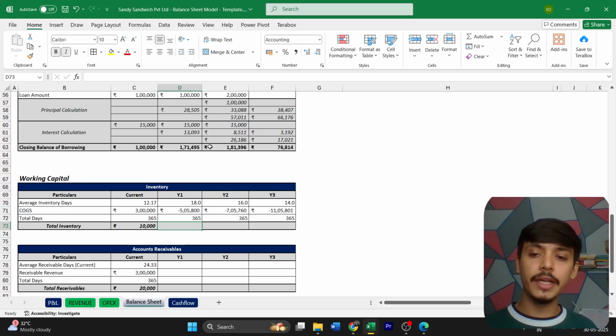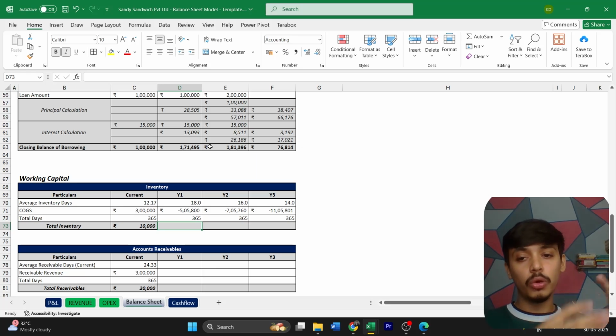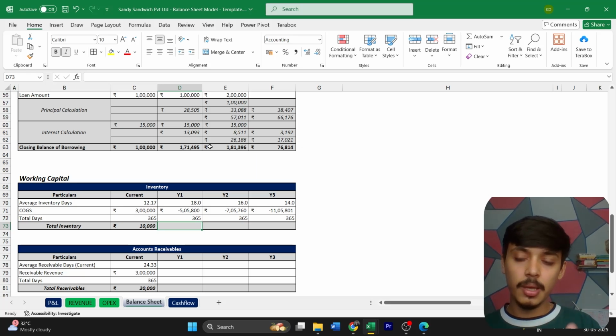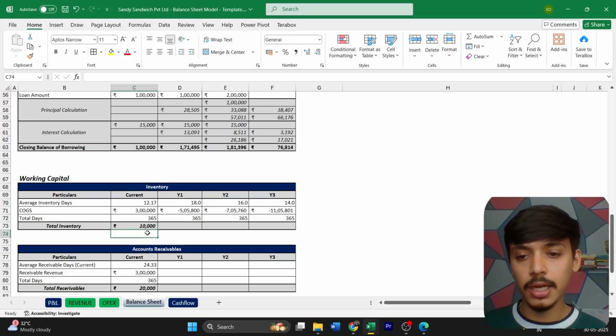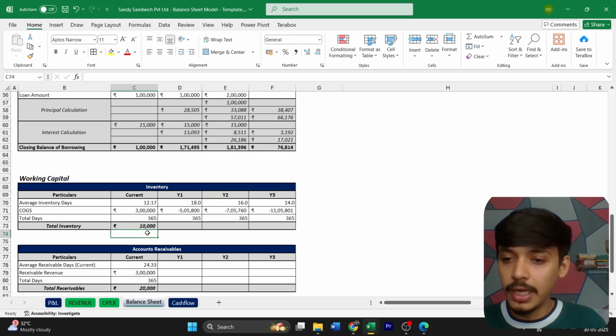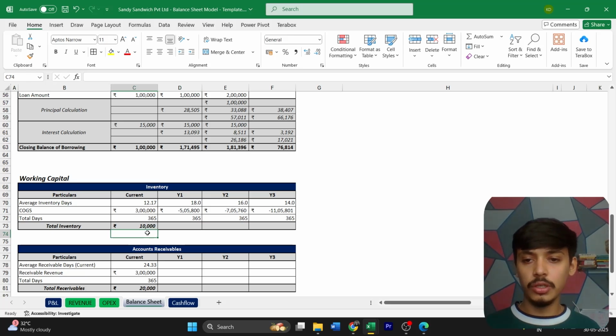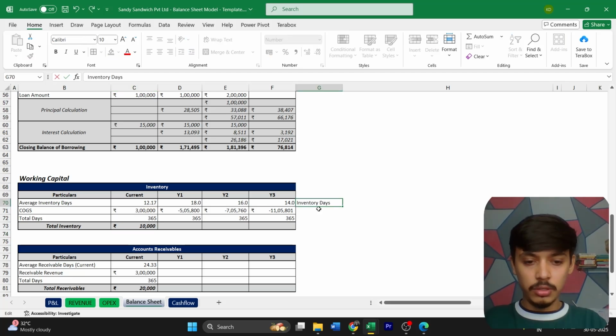When we calculated inventory days, it was the total number of days in a year divided by inventory turnover, which we got when we divided COGS by inventory. So for the first year, we had that at around 30, which is 3 lakh divided by 10,000. In this year, since we don't have inventory, we will have to back calculate the total amount of inventory. So inventory equals to.